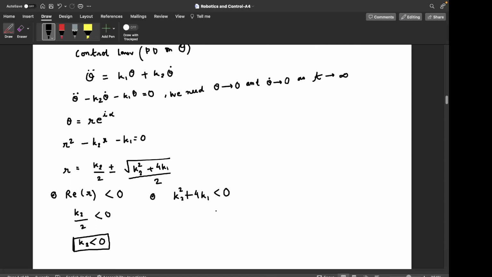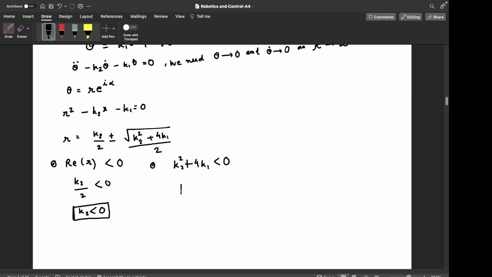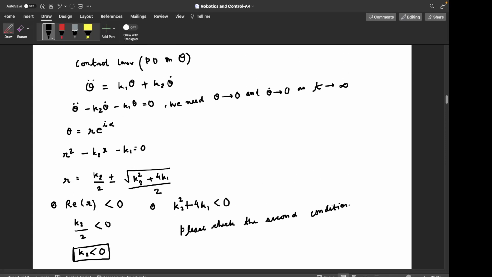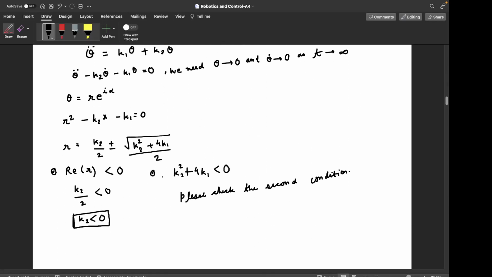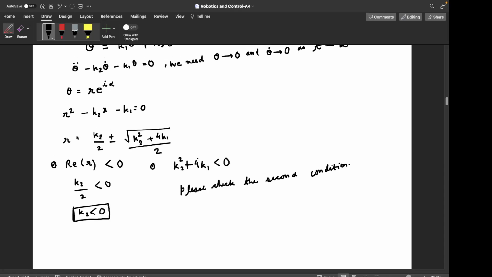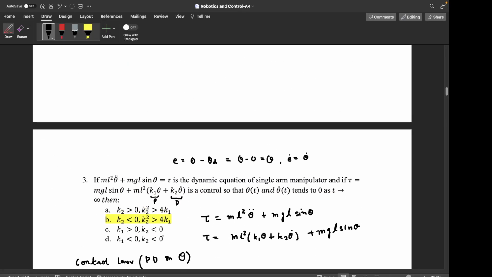I would just write a comment here, please check, if you go to this document once again, then please check the second condition. So first condition is clear, we are clearly getting that, and you can find the solution also, but since it is a second condition also and the discriminant is not exactly giving this condition, right?